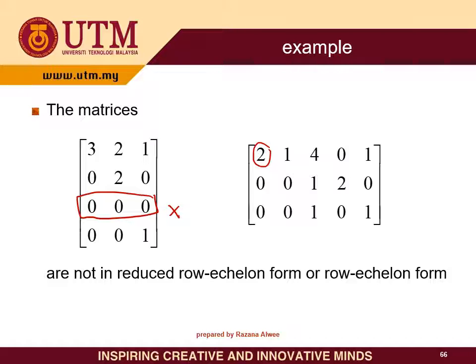The second row, okay, the leading entry is to the right, but the third row's leading entry is in the same column as the leading entry of the second row. So this does not satisfy the row echelon form. If it does not satisfy row echelon form, of course it will not satisfy the reduced row echelon form.